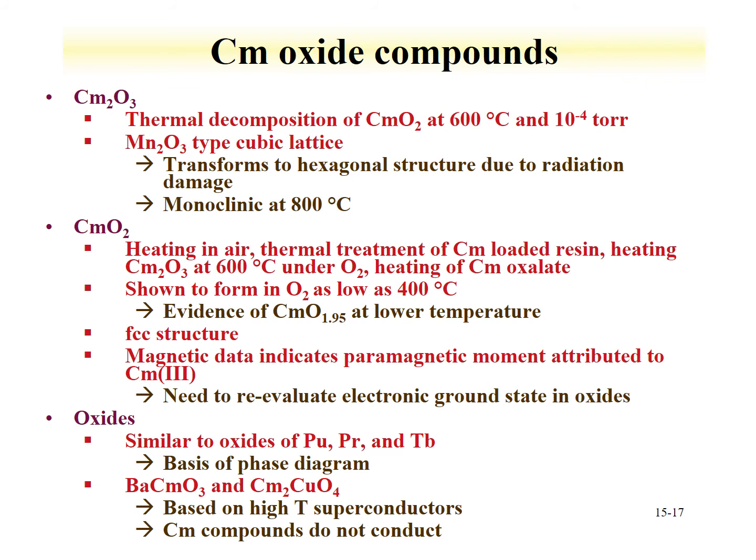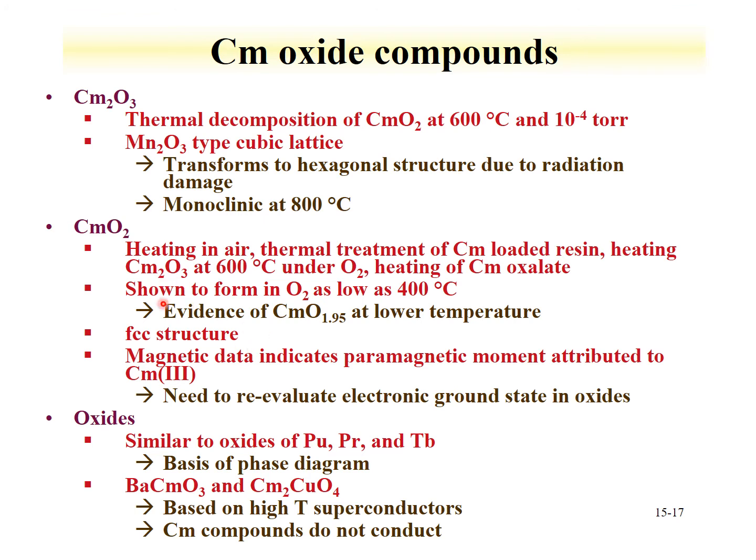Similar to the americium, the curium dioxide is the stable state and can be made by heating in air or under oxygen. Curium compounds including oxalates or curium on resins, or even the curium trivalent oxide.